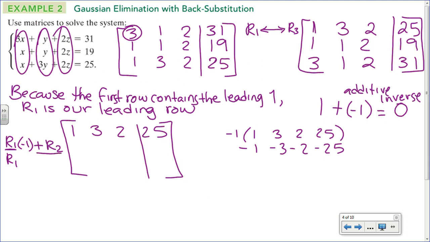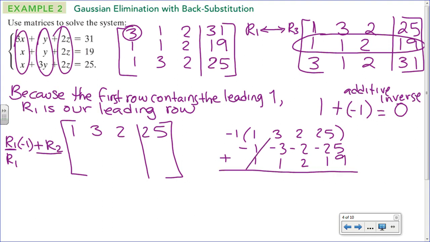So R2 coming from here, it is 1, 1, 2, and 19. So if I add those two rows, I will get 0, negative 2, another 0, and negative 25 plus 19 will be negative 6. And now we go here. 0, negative 2, 0, and negative 6. Okay, I'm going to erase my scratch work because I need the space.